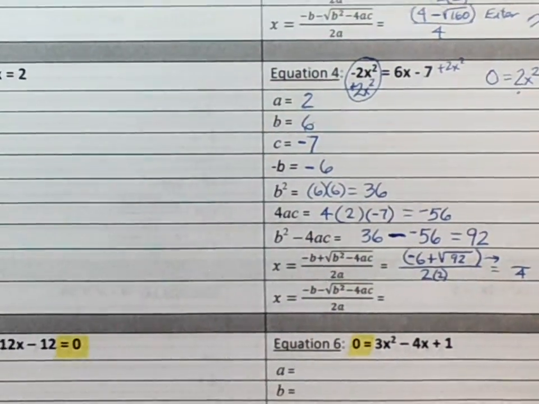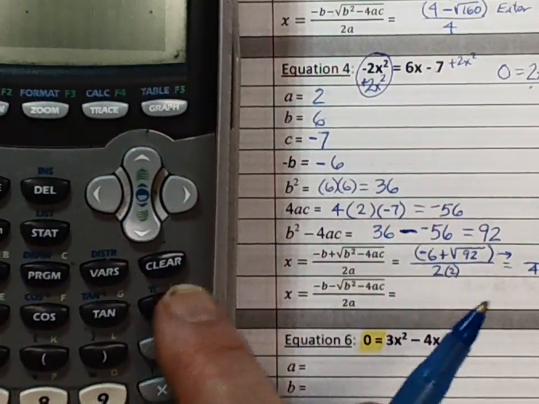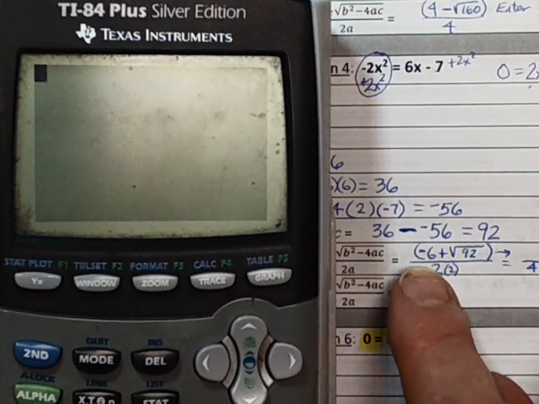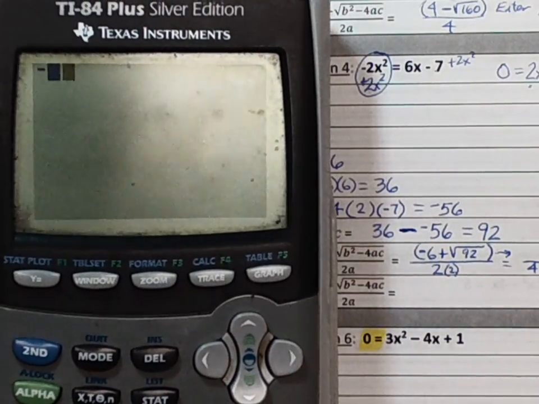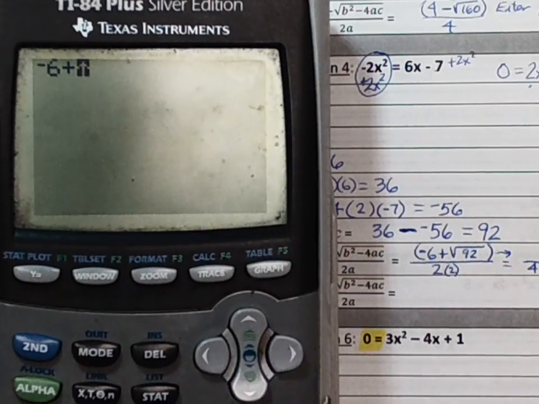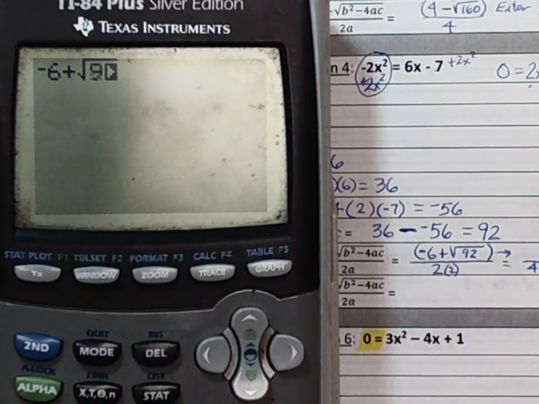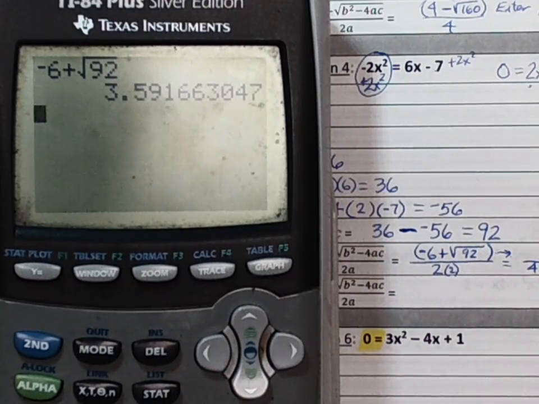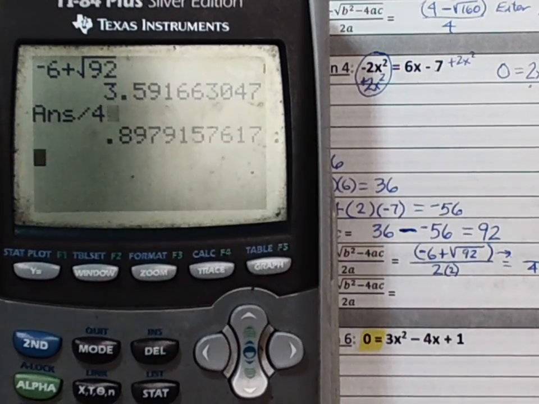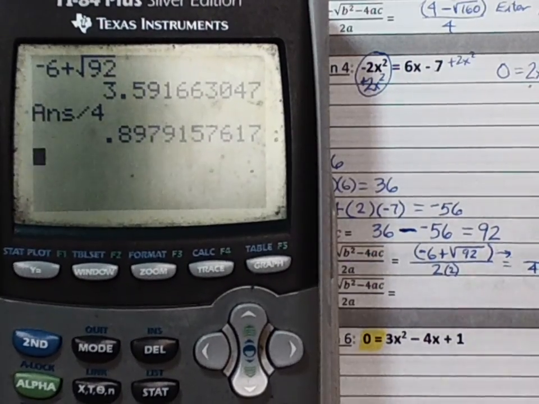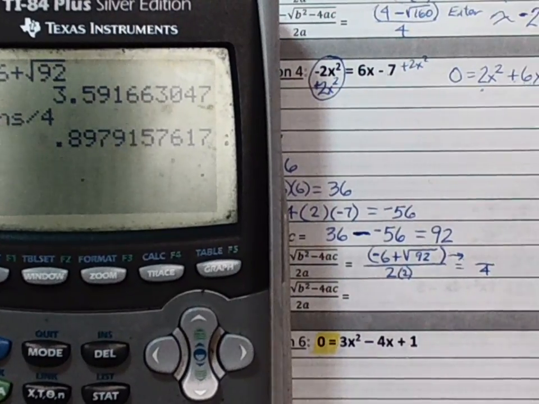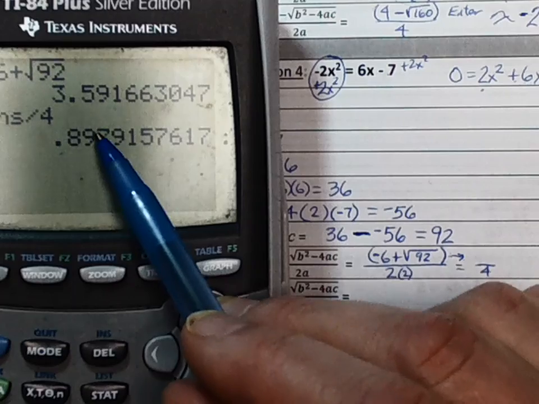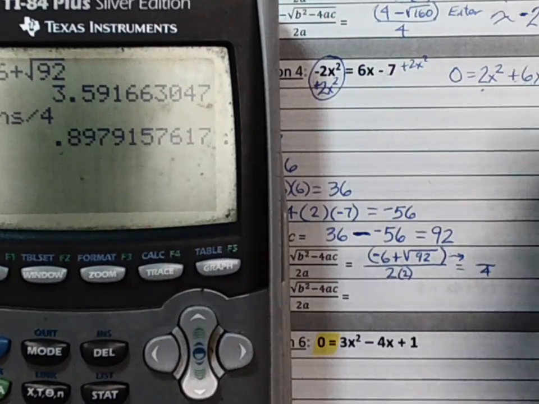Let's let the calculator take over. And again, practice makes faster. So negative 6 plus the square root of 92. Enter. Divided by 4. My first answer is approximately 0.8, or actually, if I round it to 2 decimal places, this would be 0.90.